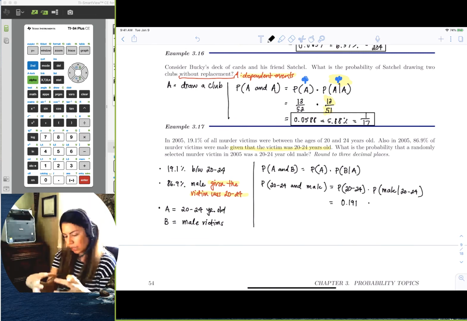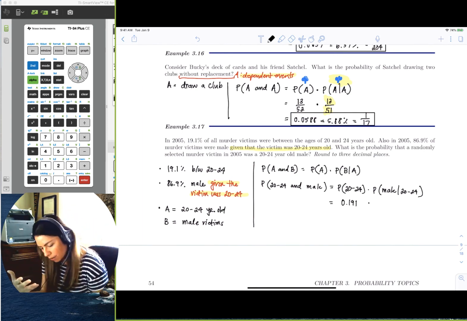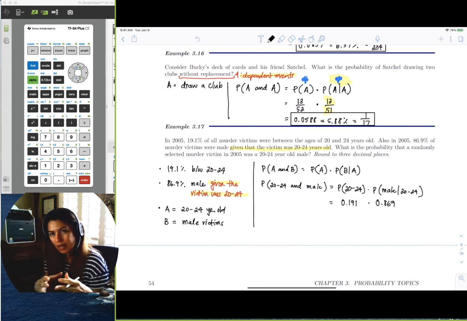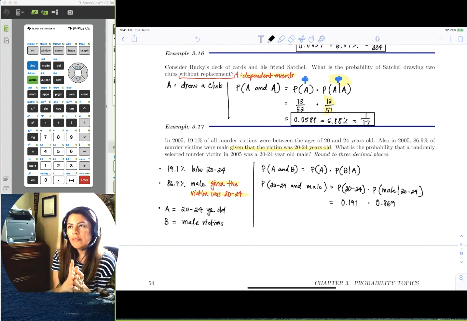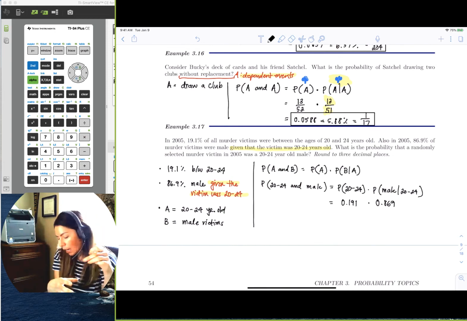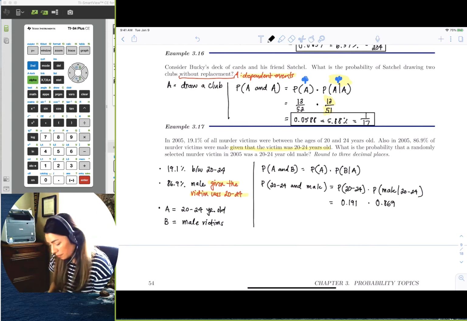So now you're only looking at this little set and you're putting your hand in to grab a male, and that was 0.869, which is pretty high. Can you imagine all the murder victims, people who were murdered in the year 2005 between the ages of 20 and 24, so young, and the probability that I randomly select a male is almost 90%. That's just really sad, right?